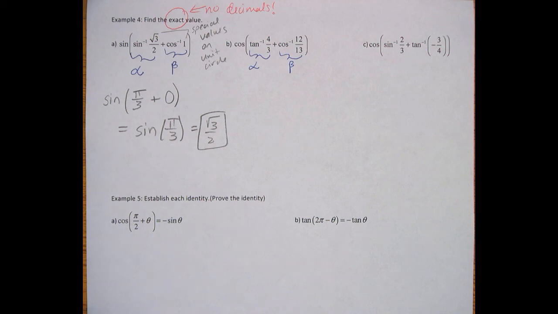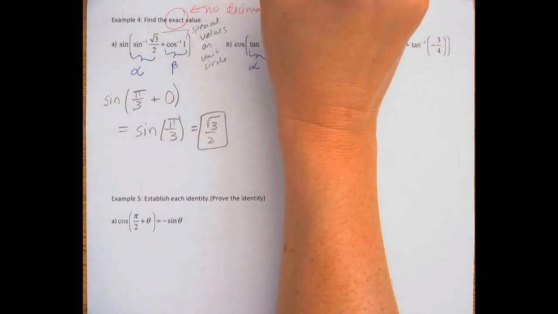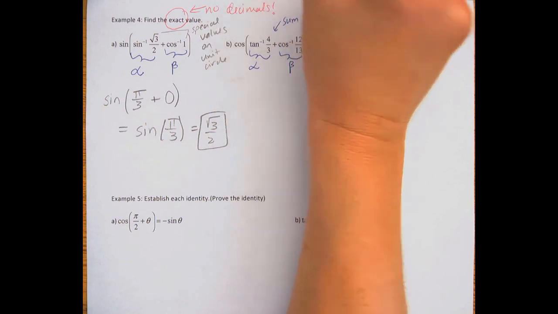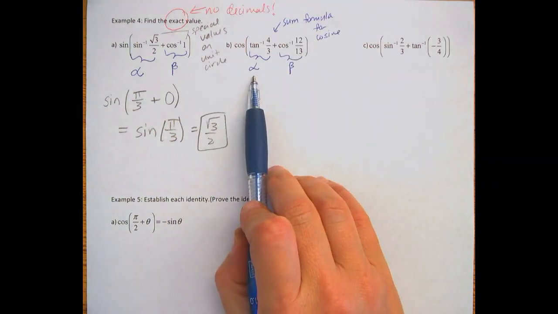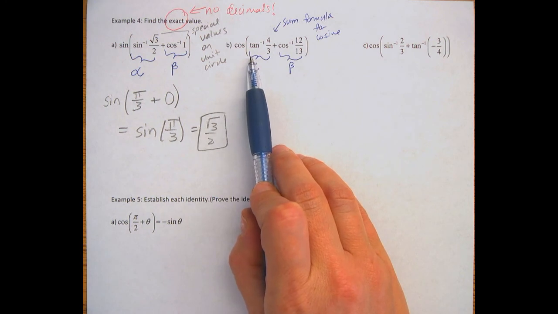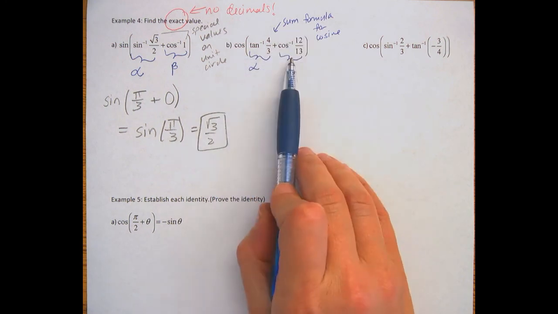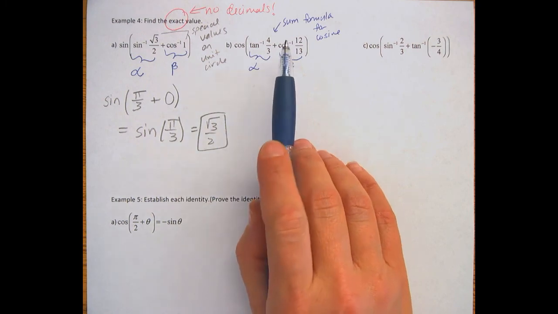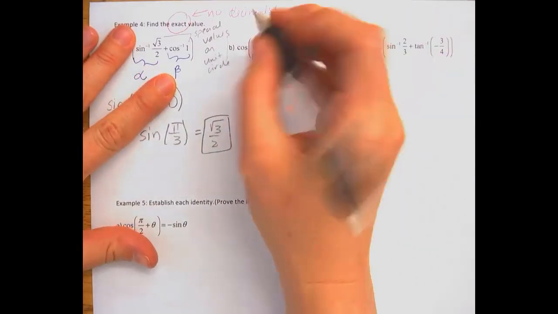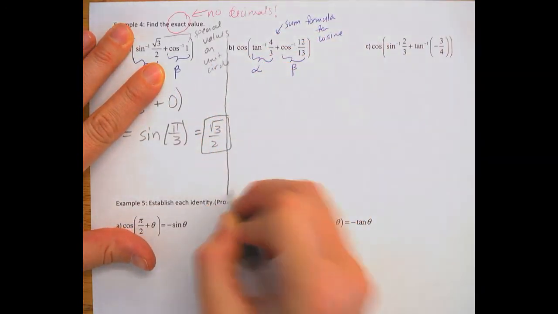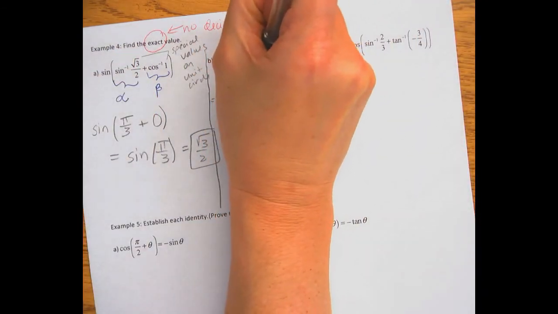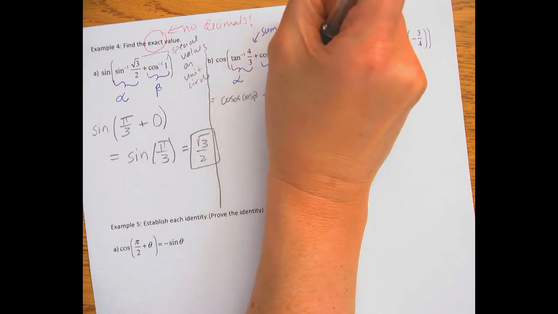So this is actually a sum identity for cosine. Because it's cosine of alpha plus beta, where alpha is the inverse tan of 4/3, which is an angle, and beta is the inverse cosine of 12/13, which is also an angle. So I'm going to use the formula for the sum of cosines, and that is cosine alpha cosine beta minus sine alpha sine beta.